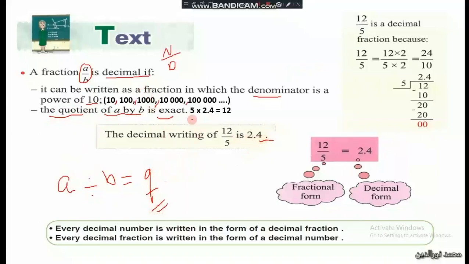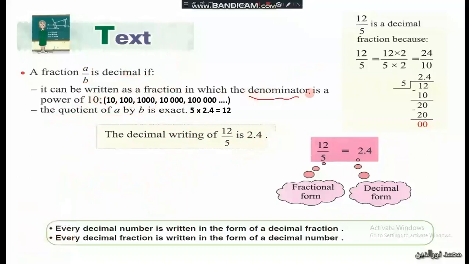So if the quotient is exact, then the fraction is a decimal fraction. To know whether a fraction is decimal or not: the denominator could be written as a power of 10 and the quotient is exact.